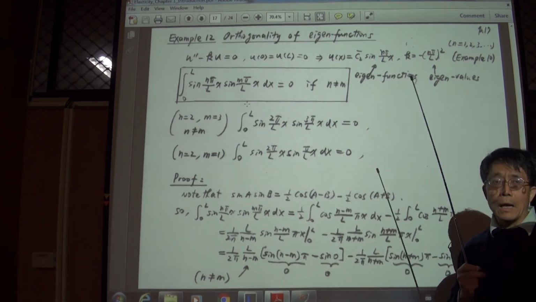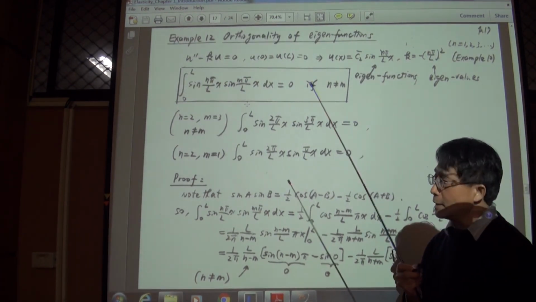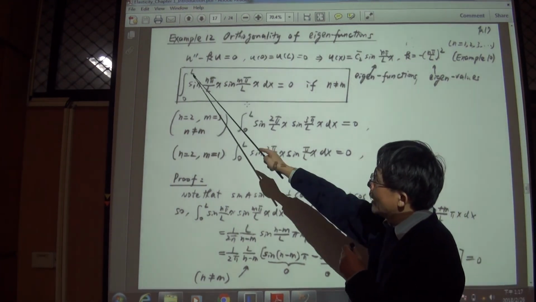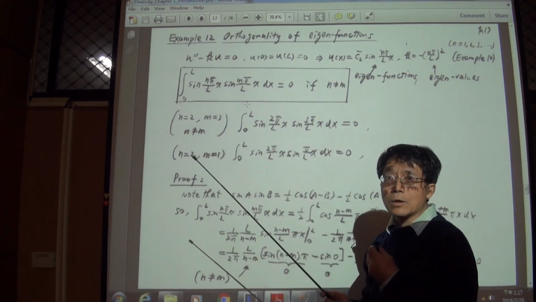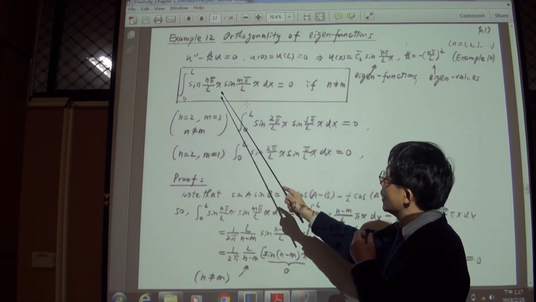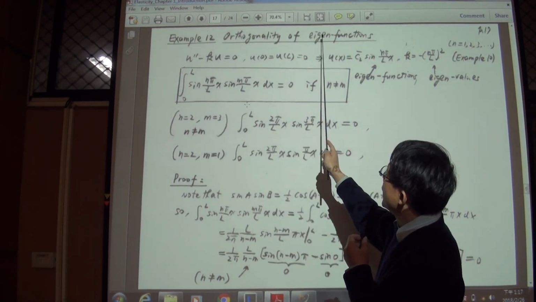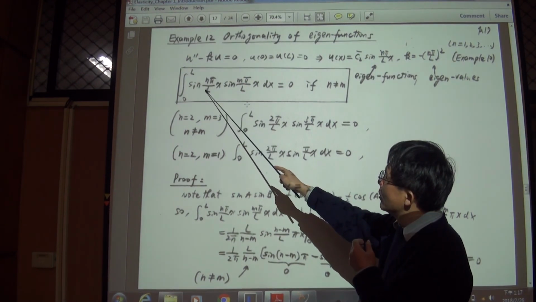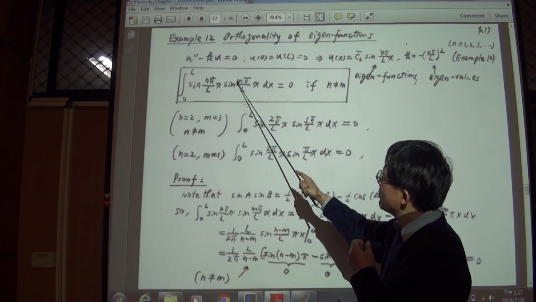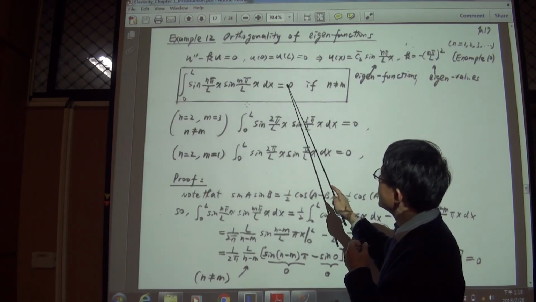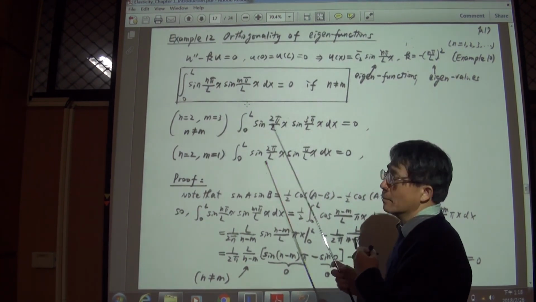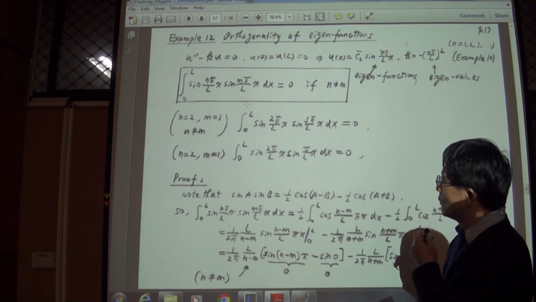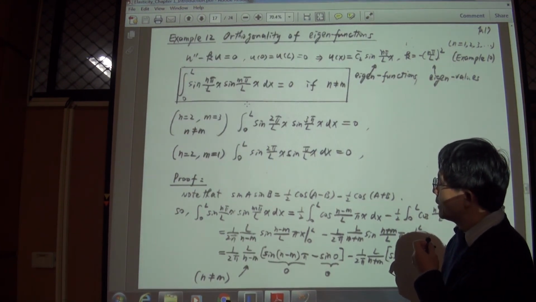One important property is this: the eigenfunction satisfies this integral equality, which is called the orthogonality of the eigenfunction. The integral of sine n pi x over L times sine m pi x over L equals 0 if n not equal m. This is a very important result later.